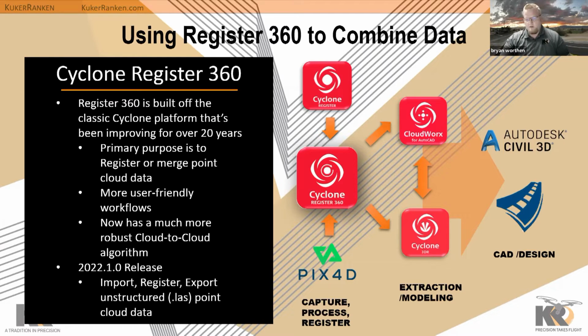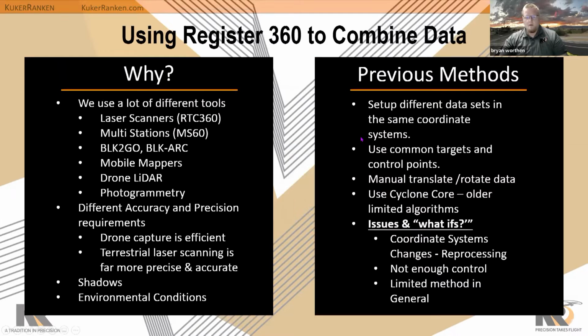On this slide, you see the arrows where I have it either kicking out to CloudWorks or over to Cyclone 3DR, which are software designed to extract the data you want, or generate the surface you want, or do the modeling you want, and then kick it into a CAD platform, like I have OpenRoads and Civil 3D on there, to do your designing from. So that's what it's all about. Today, we're just going to talk about registration in Register 360.